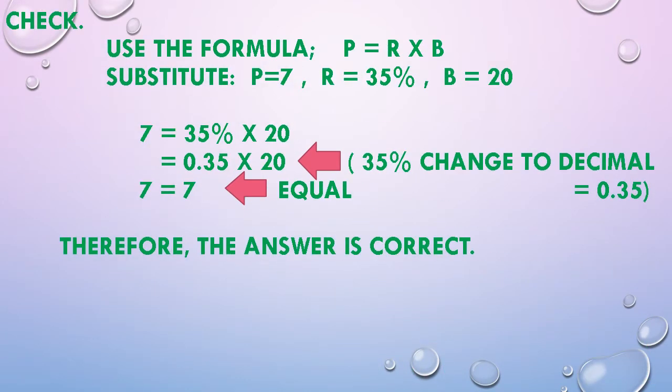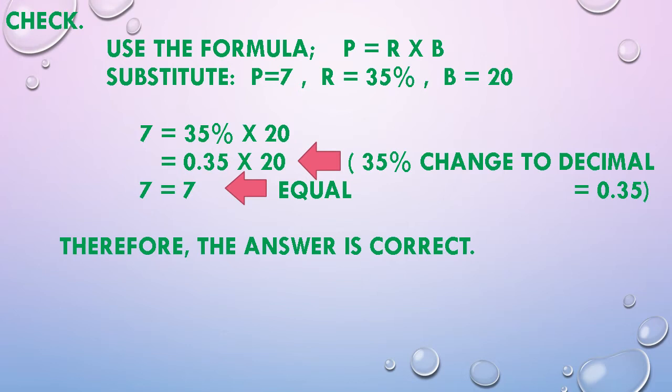We are going to check to verify if our answer is correct. You are going to use the formula P is equal to R times B. We are going to substitute the value of P, which is 7, R is equal to 35%, and B is 20. 7 is equal to 35% times 20.